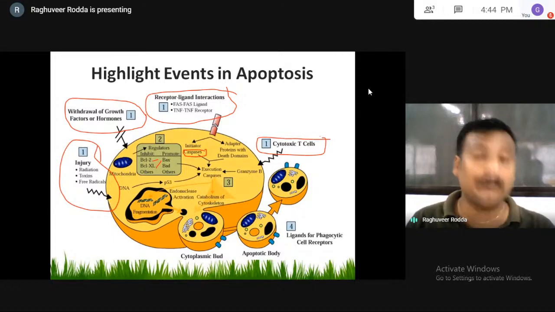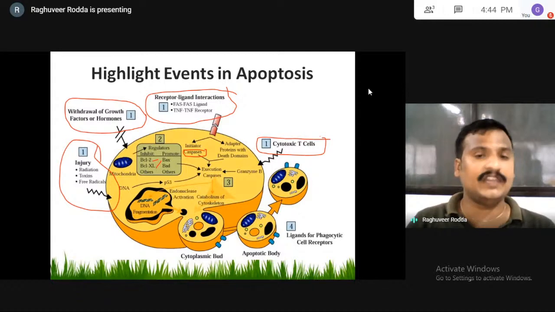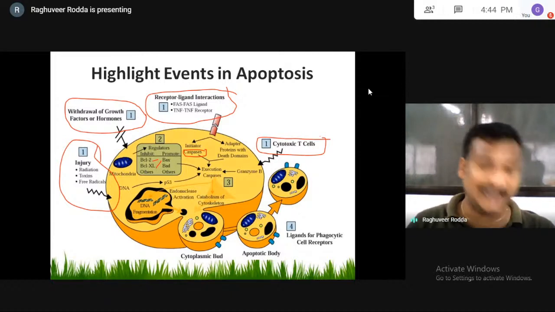These are a group of enzymatic substances, a group of protease enzymes, which initiate a programmed cell destruction process. So all the caspases will come, like cysteine-dependent aspartate proteases and other proteases.